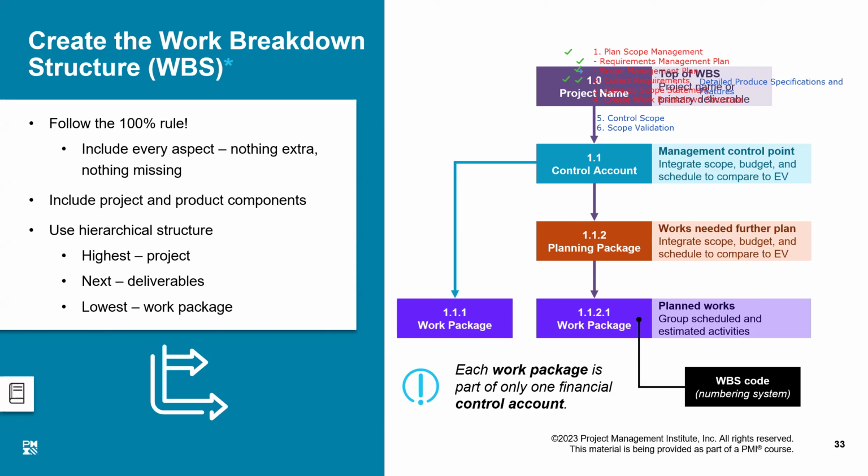So it is good that we can break our project into a number of control accounts, and then those control accounts can be further broken down to the level of work packages. A work package is not an activity, it is a group of activities which perform a certain work. For example, construction of a wall could be a work package, because within the construction of the wall you have to do many activities.